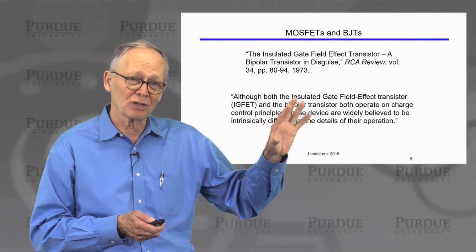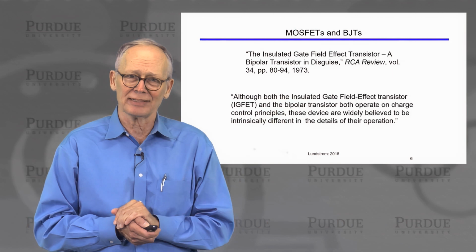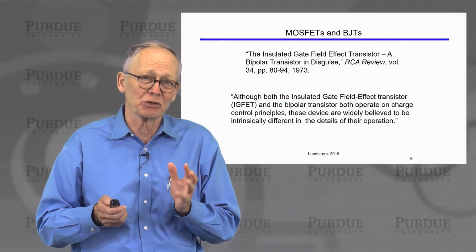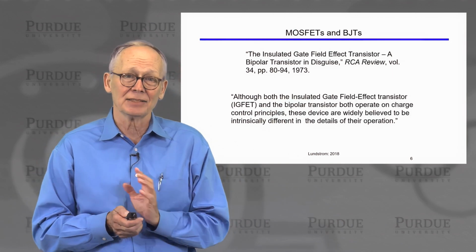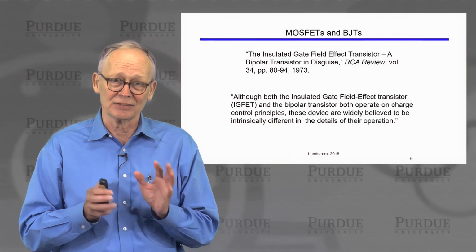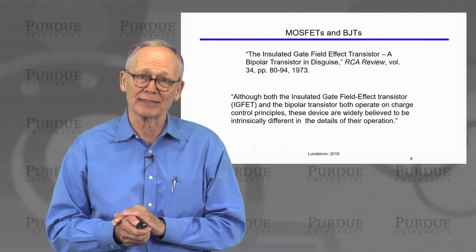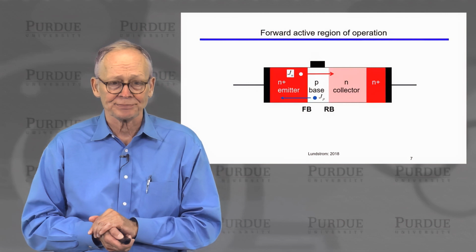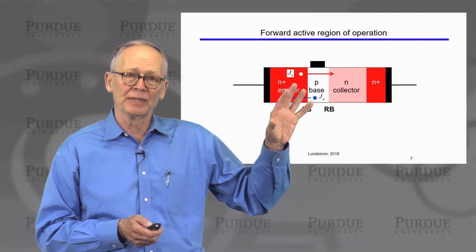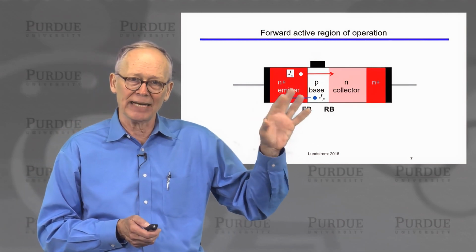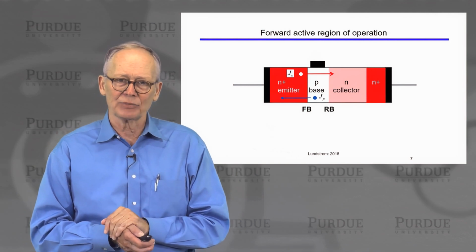So this has been known for a long time, but the way it's presented in textbooks, probably the majority of people who work on transistors still don't appreciate the fact that these two different types of transistors operate on the same basic principles.